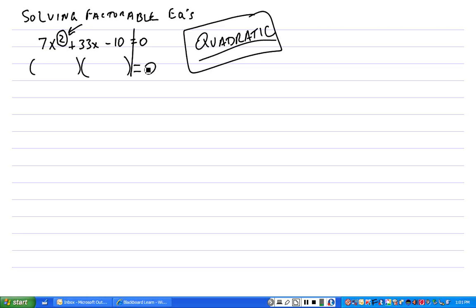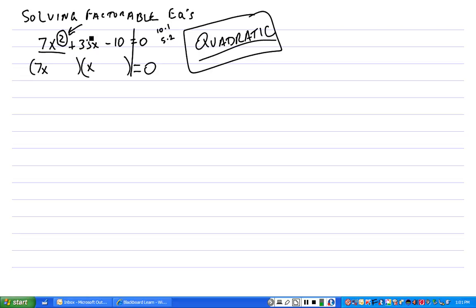So this particular problem would already fit that form. So we look to do our reverse FOIL, still keeping it set equal to 0. I know my first term, which is 7x squared, I can get by saying 7x times x. That's the only way I can get 7x squared, 7 times 1, or 7x times x. And 10 can be found by multiplying 10 times 1, or 5 times 2.